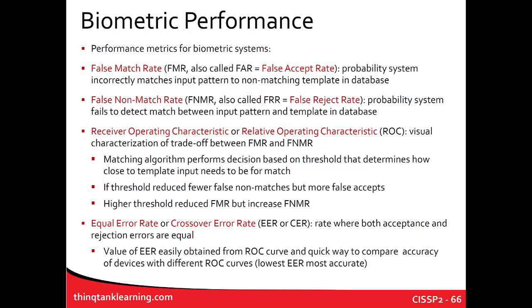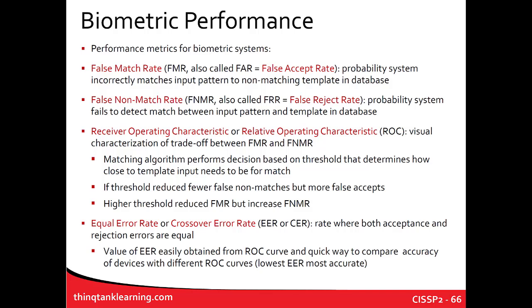For example, lower the threshold, fewer false rejections, more false acceptances. Now, this would probably be the worst scenario, right? If you set a higher threshold, that means fewer false accepts, but possibly more false rejections.